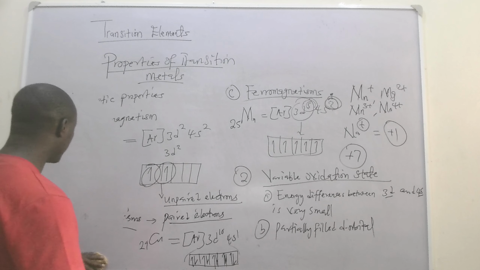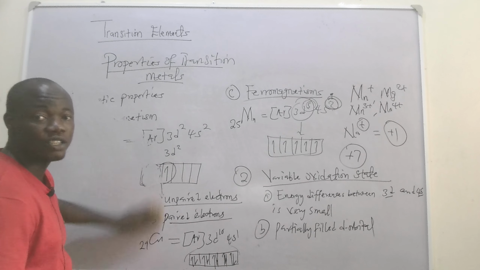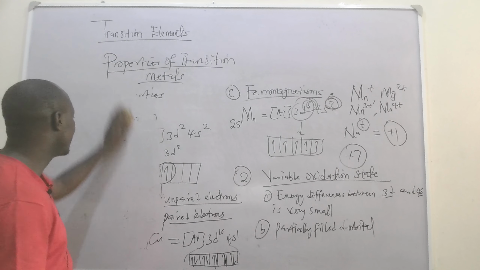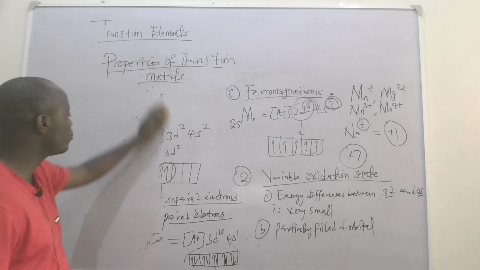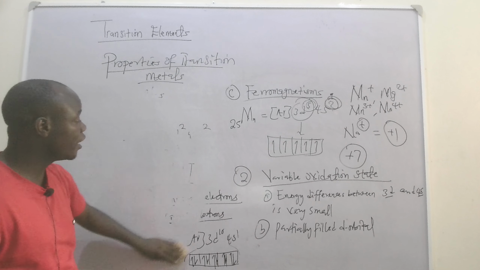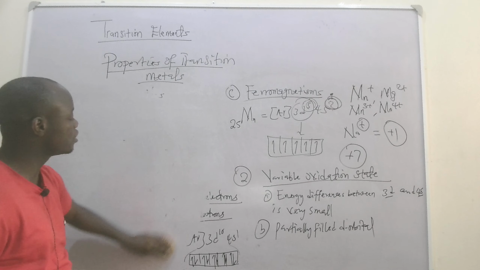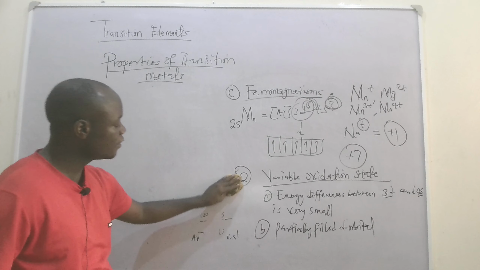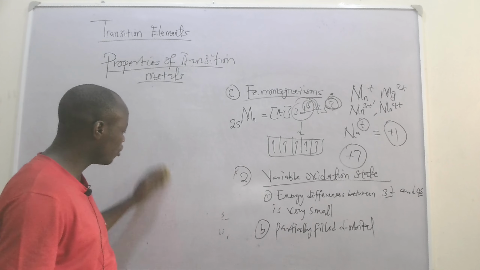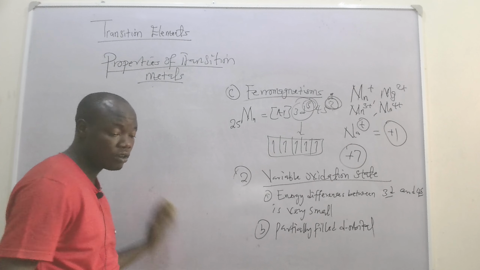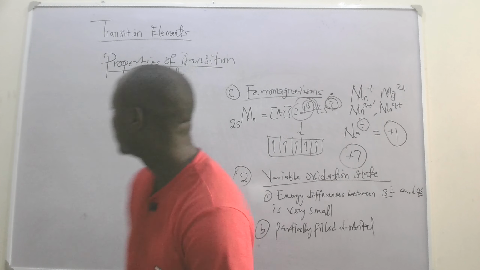And that is why, ladies and gentlemen, in most cases when you go to the lab and you see a compound with color, that tells you that one of the components of that compound is a transition element, because they have the ability to form colored compounds. And why transition elements have this ability is, of course, due to the presence of unpaired electrons.